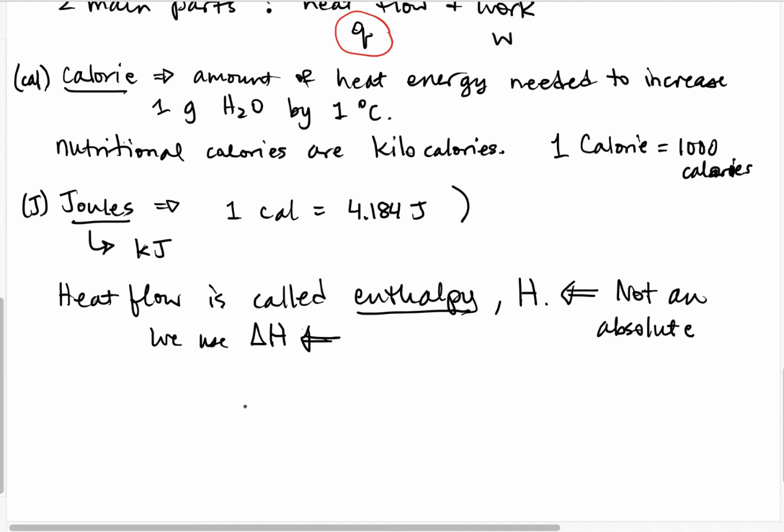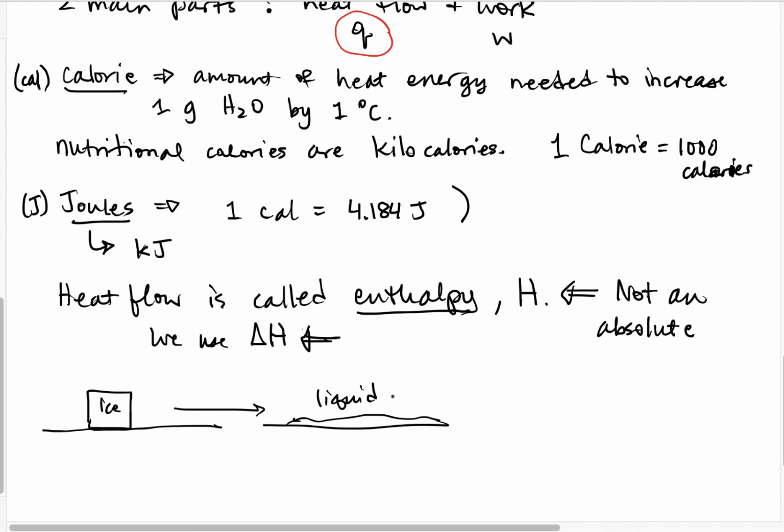So all kinds of things involve a heat flow. All kinds of things involve enthalpy. If you have an ice cube and you leave it out on the table, you know that after a while it's going to melt. And what's happening to that ice cube is that you have some enthalpy flowing in. So let's see, what would be that sign? It's going to be positive because it's flowing into the ice cube. The ice cube is our system.